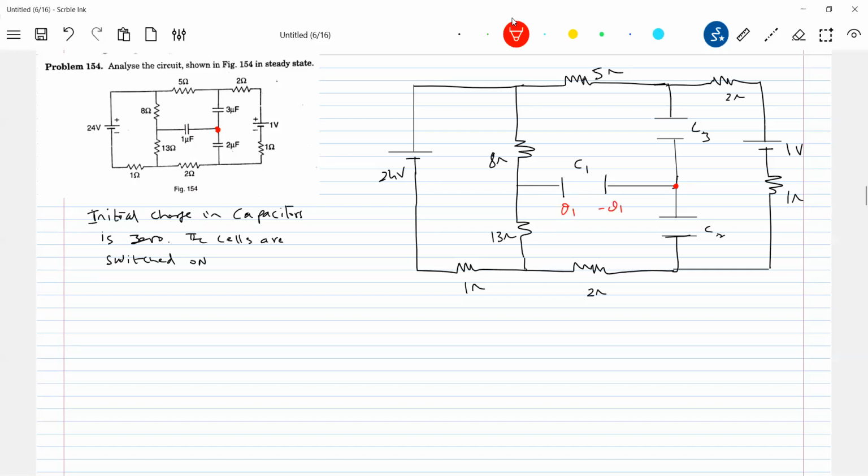Q1, this will be Q2, let this be Q3. According to the conservation of charge principle, this was the junction J, no? So at J, charge should be conserved.